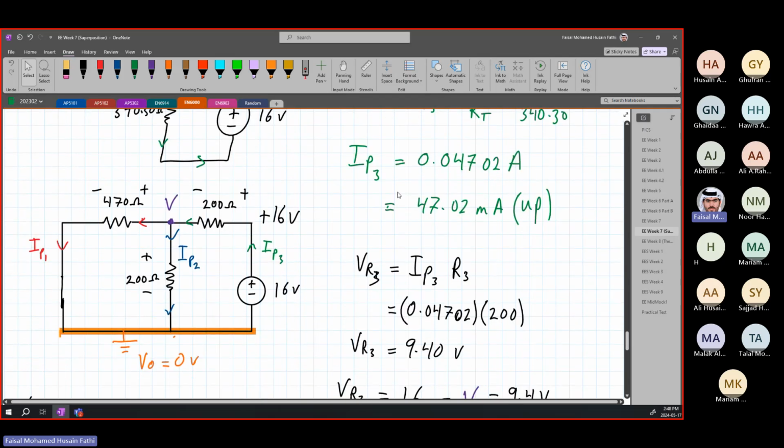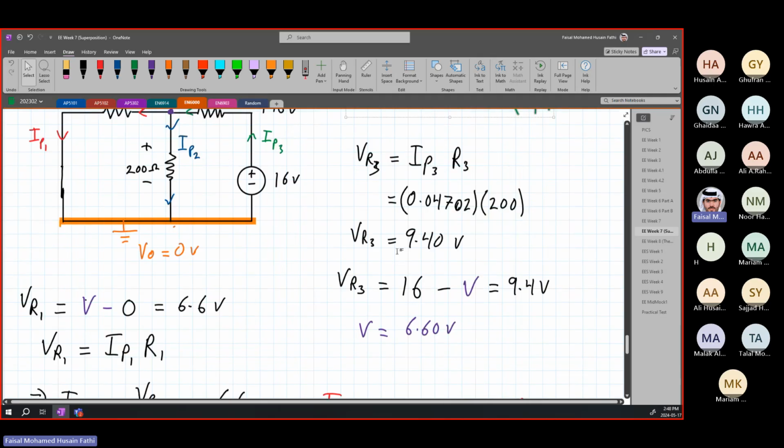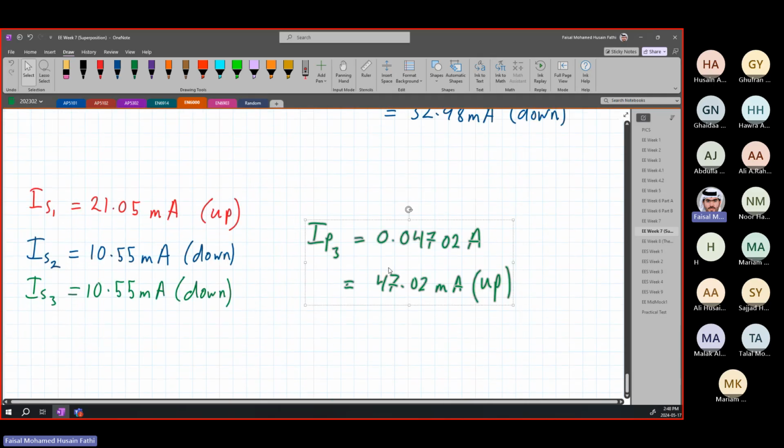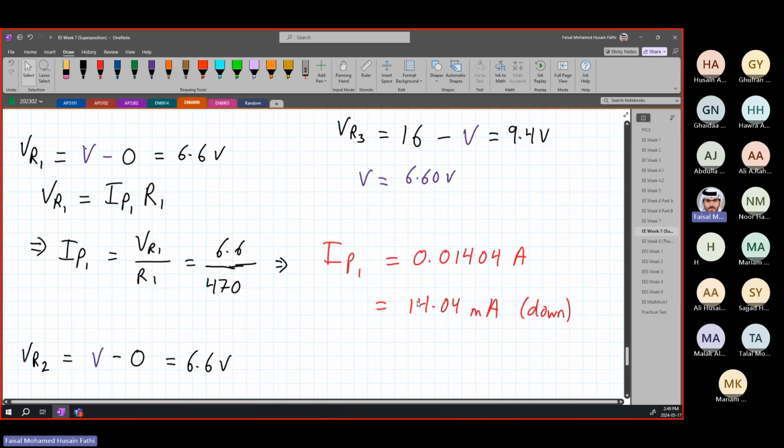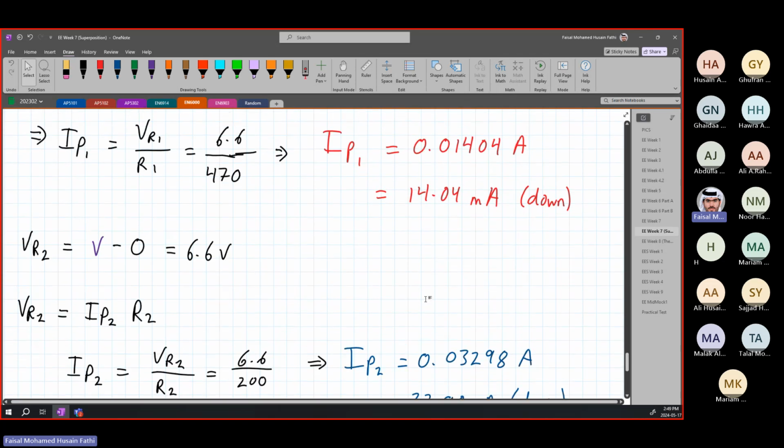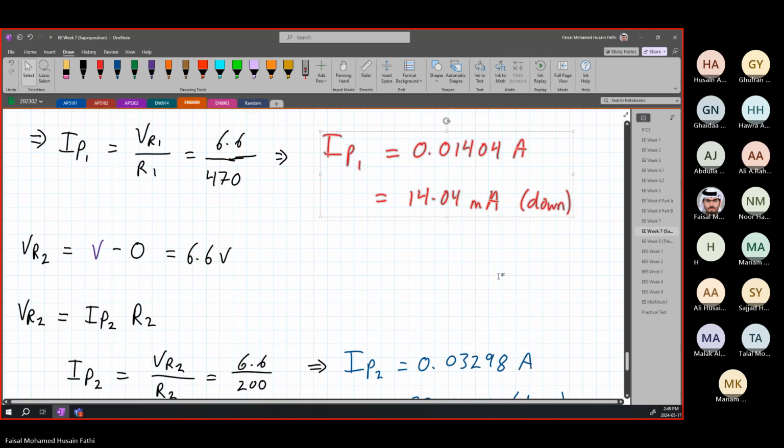So again, I'm going to do the same thing here. I'm going to get all the currents that we found earlier. This is IP3, up, and then we found IP1 and IP2 over here.